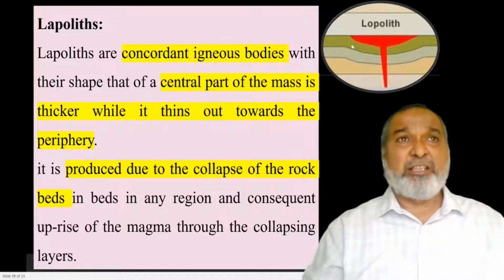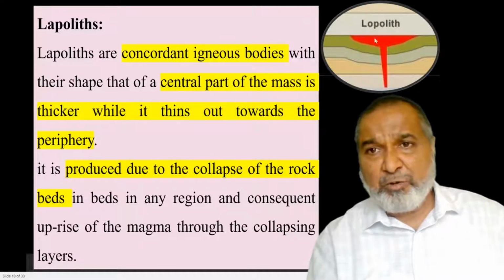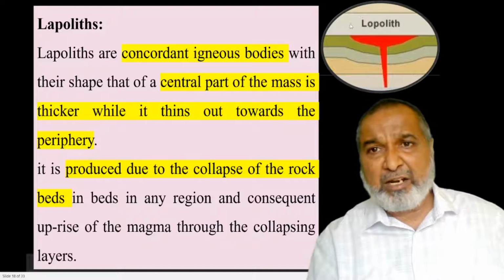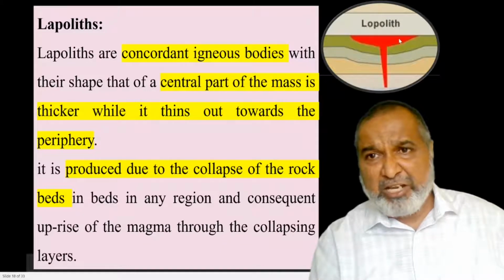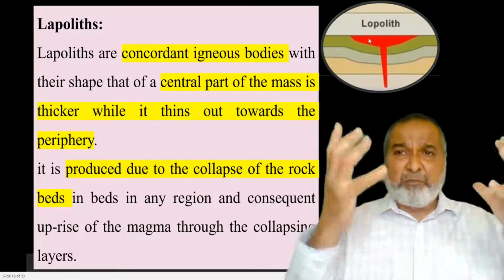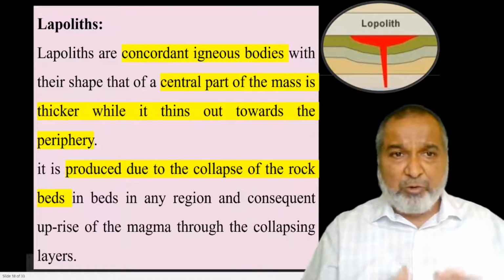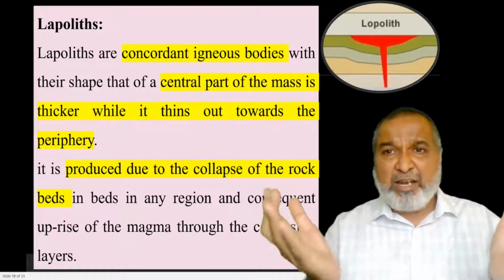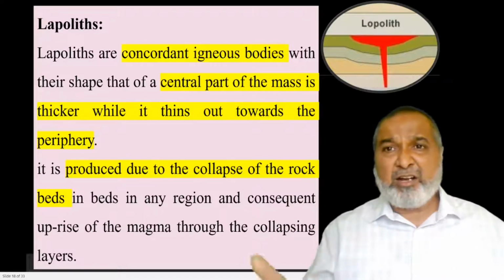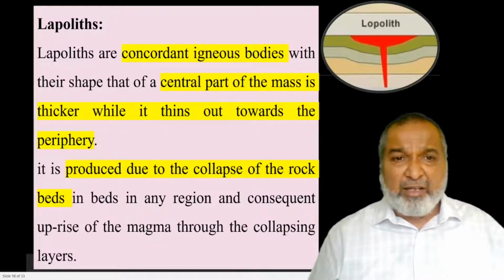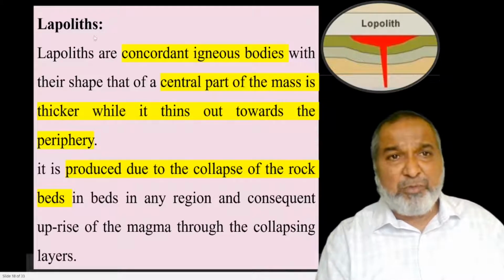What is happening? They don't have the pressure to cut the upper country rock. So wherever they reach, that material will melt, and the magma slowly crystallizes there itself, going on to form a saucer-like or trough-like structure, and that is what we call the lopolith.